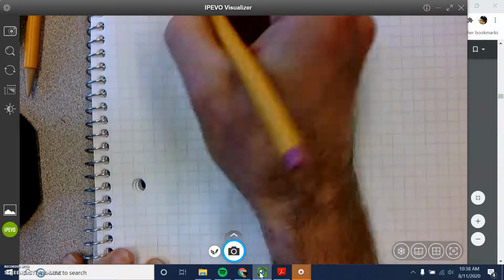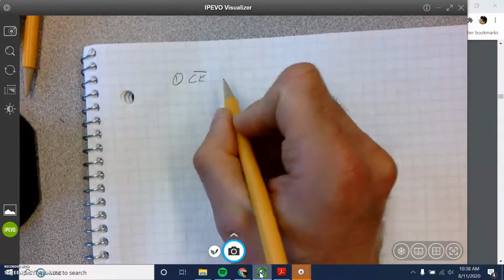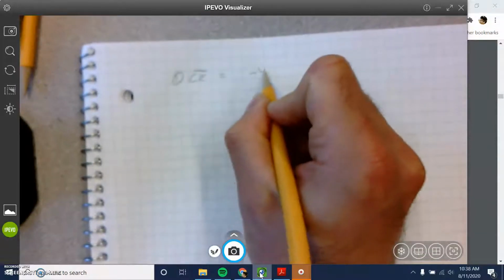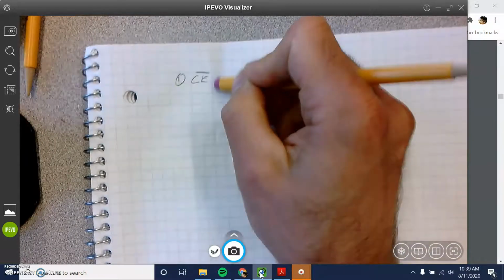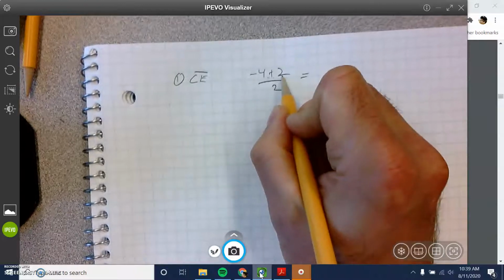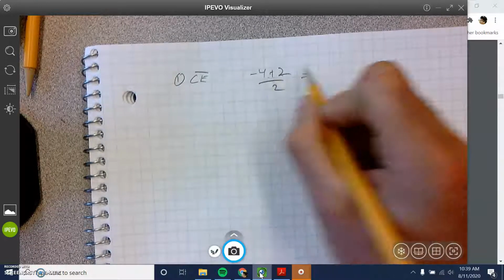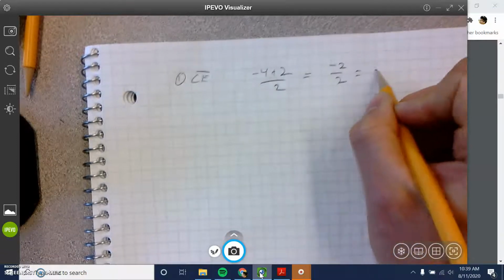Number 1, CE. That's going to be negative 4 plus 2, divided by 2. Negative 4 plus 2 is negative 2, over 2, which is negative 1.